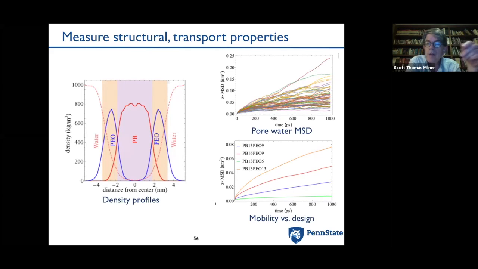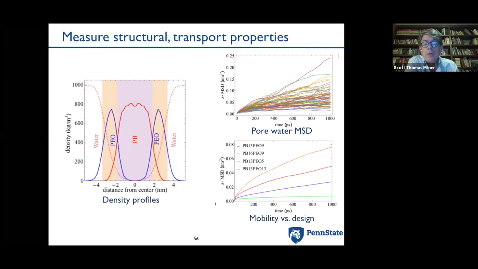And the mobility of the water in the pore is then going to be intimately related to how easy it is to push water through the pore with a hydrostatic pressure difference, as one needs in reverse osmosis, where you're pushing water through and not letting the ions go through, because basically they and their solvation shells don't fit in that little hole.